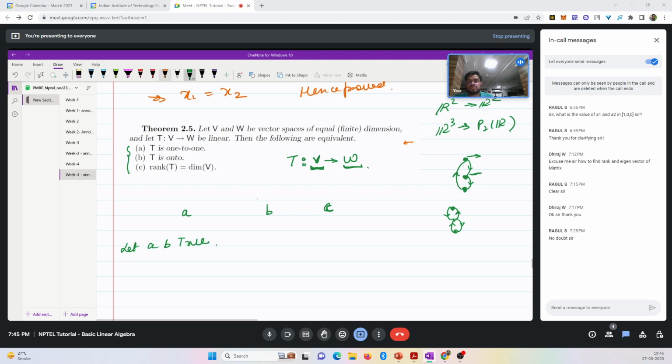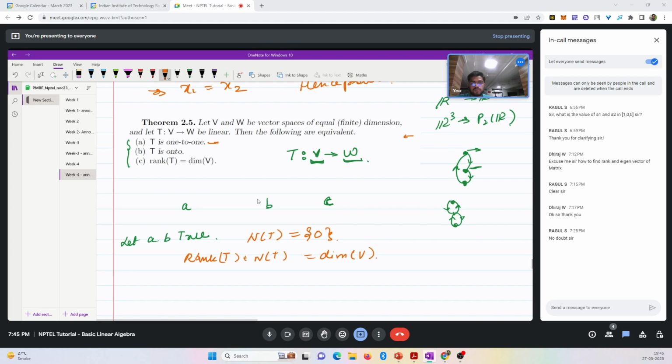What do we mean if A is true? A is saying that T is 1-1. Just now we showed that if T is 1-1, then nullity of T is 0, right? If nullity of T is 0, then by the rank nullity theorem, rank of T plus nullity of T is equal to the dimension of V.